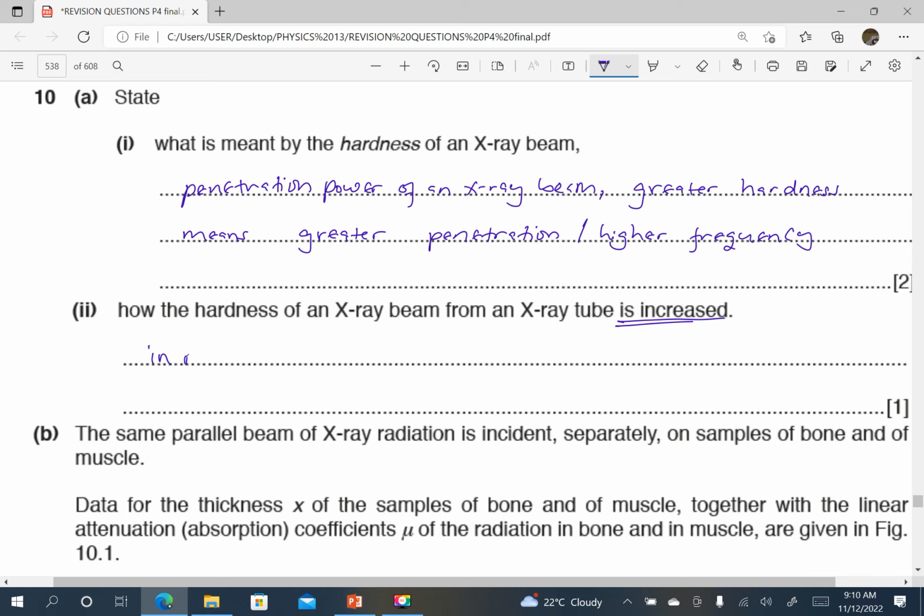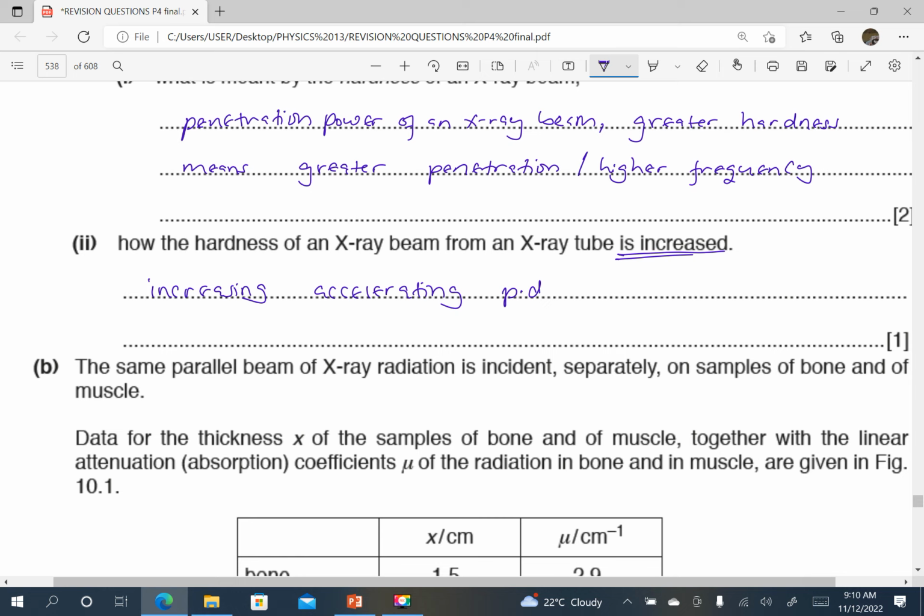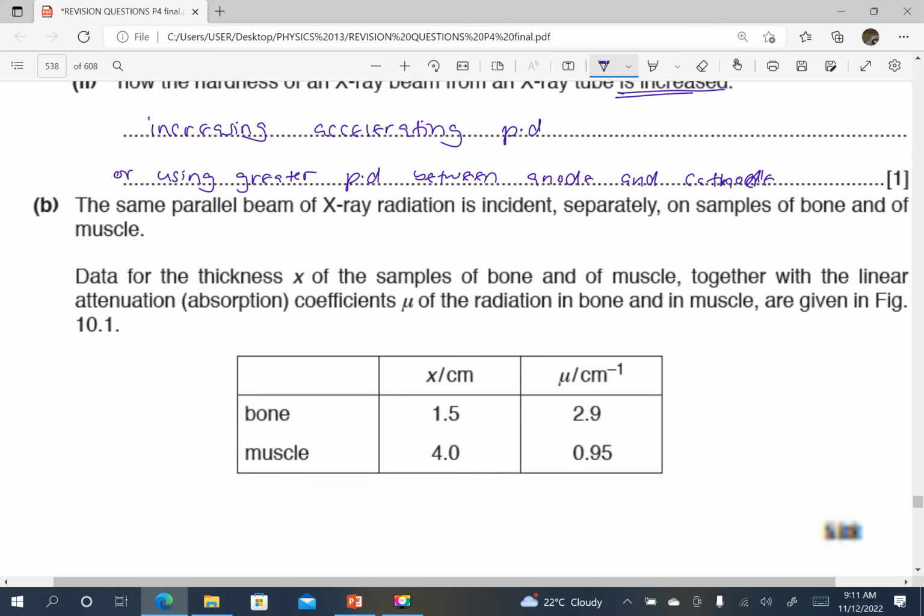So this is achieved by increasing the accelerating PD, or you would simply say using a greater PD between the anode and cathode.